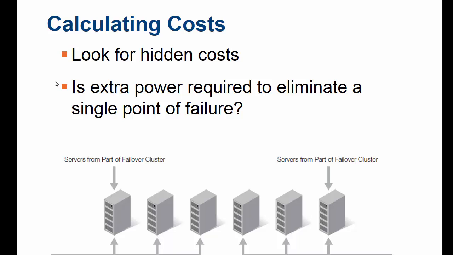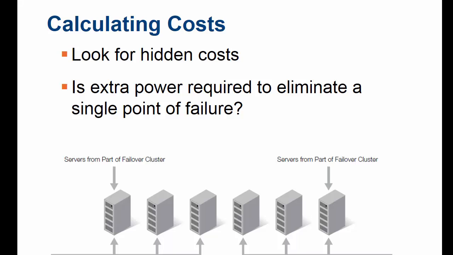Is extra power required to eliminate a single point of failure? Those are the kind of things you want to look for. A hidden cost is like, well, yeah, we have power to the building, but do you have adequate power for this many servers? If you're having to hook up failover servers for your database servers, so that if you have customers purchasing something and the main database goes down, then you need to have redundancy set up.